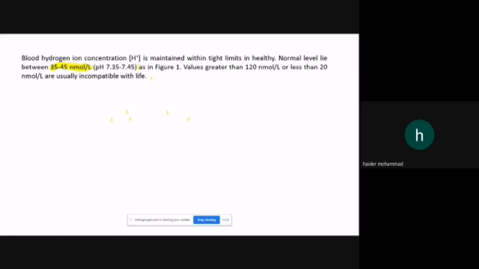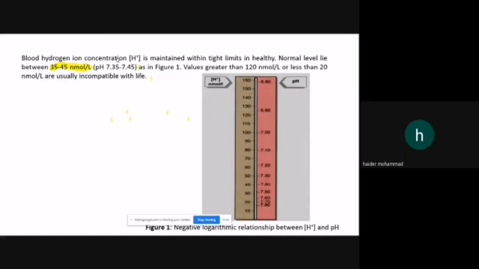Just need to show you the figure. In the past, the talk was just about the pH, but recently hydrogen ion concentration is very important to estimate because of its relationship with a lot of diseases.